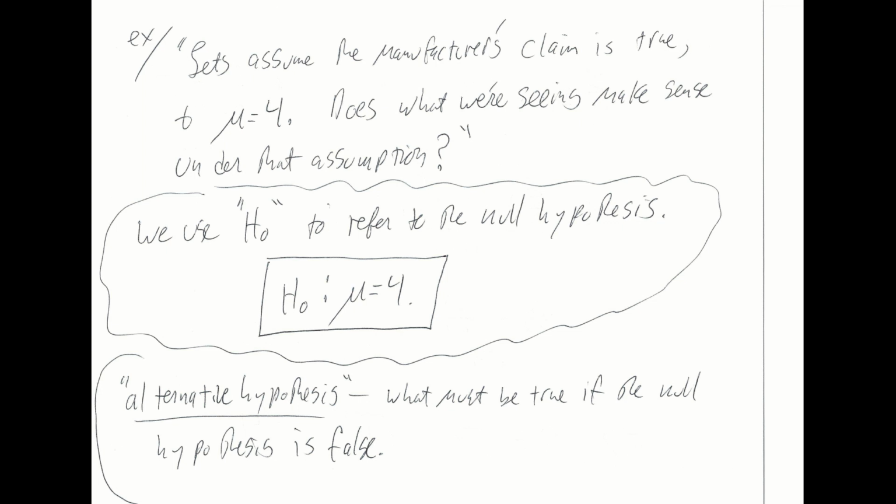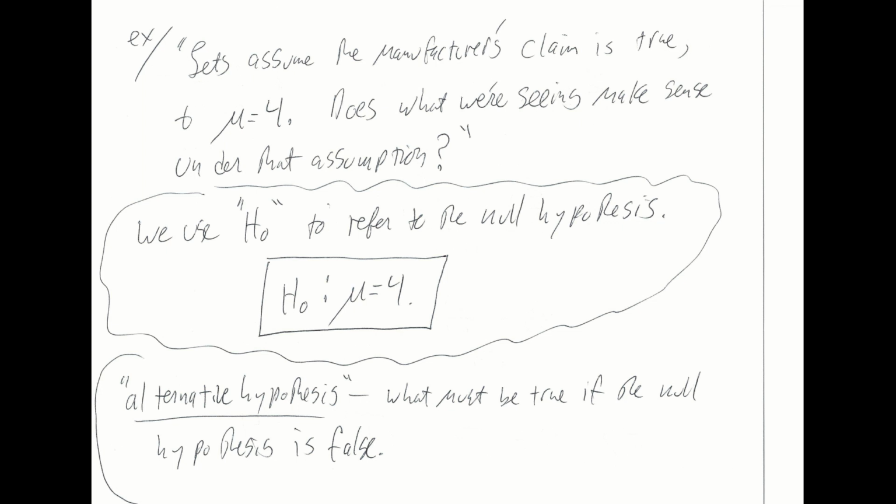Let's make some observations, and let's see how much sense these observations make under that assumption. That has more of the spirit of how statistical tests of hypotheses work. If the things that we're seeing make sense under the assumption of the null hypothesis, then we have no reason to disbelieve it. But if the things that we are seeing do not make sense, if they are very unlikely under the assumption that the null hypothesis is true, then perhaps we reject it.